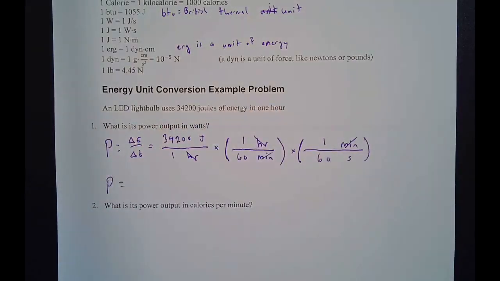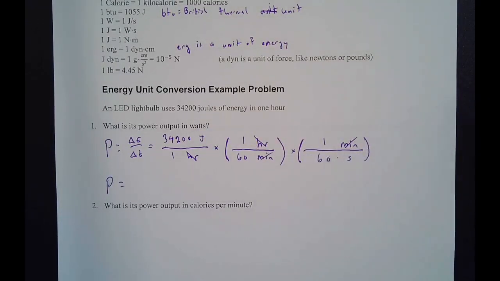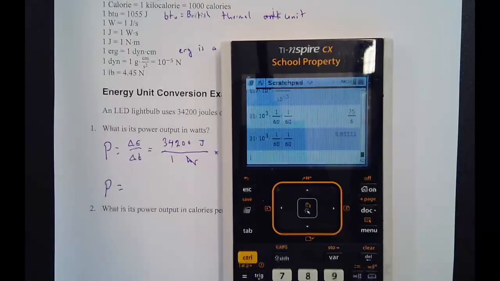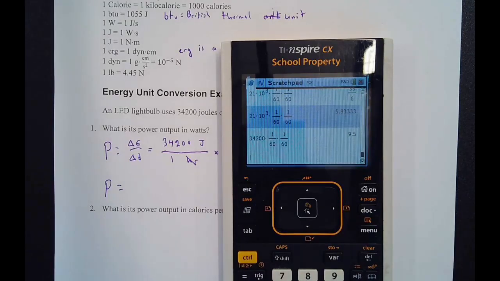So it's this 34,200 divided by 60 divided by 60. And if I go and do that in my calculator real quick, that's 34,200 times 1 over 60 times 1 over 60, and you get 9.5 for that.